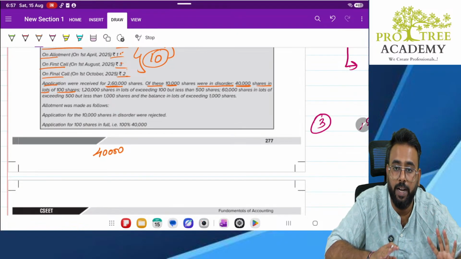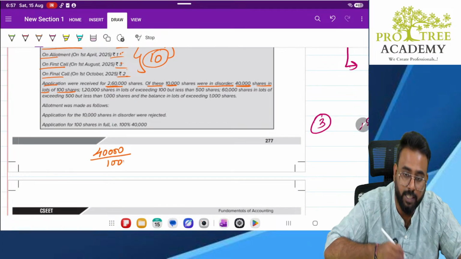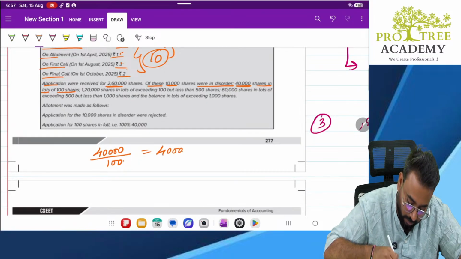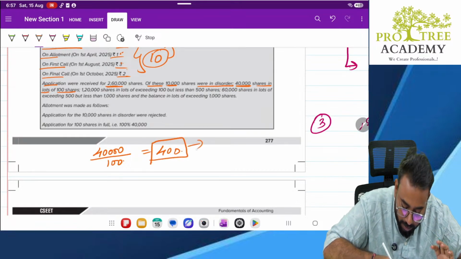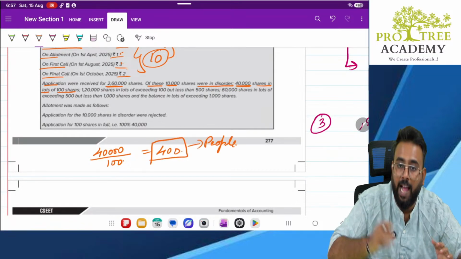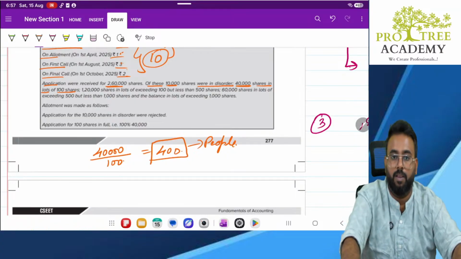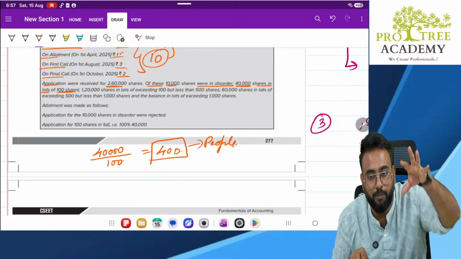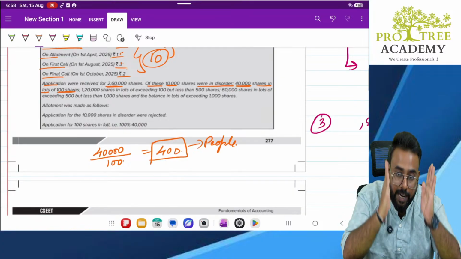And the number of shares applied is how much? 40,000. And it is in lots of 100 shares. What does lot of 100 shares mean? Whenever a person applies for shares, they apply in a lot, and the lot size is 100 shares.